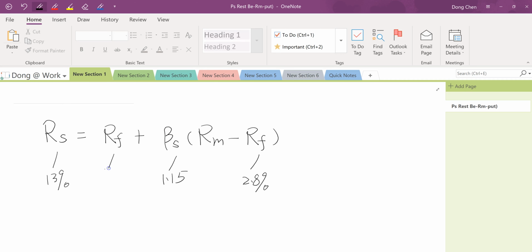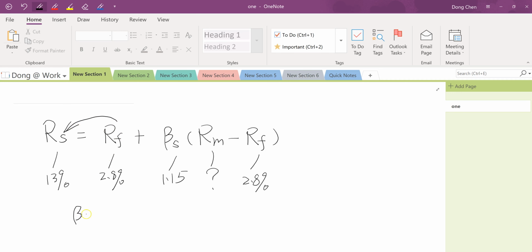So, and this is the same, 2.8%. So you see, the only unknown here is Rm. So we can figure out this Rm, right? We can solve it using algebra. We can just move this to the other side first, and change the sides of the equation.